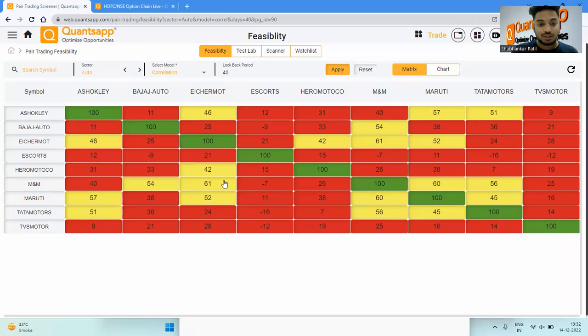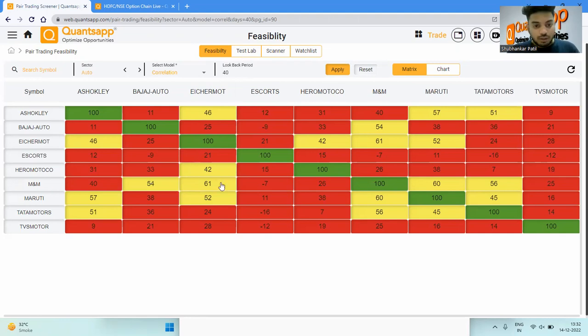So how you read this: let's say Eicher Motors 61 M&M. That means the look back period used to calculate this correlation is 40 days. You can change it, but 40 days typically considers 2 months, so that is the reason it is kept as 40. You can change it to whatever you wish.